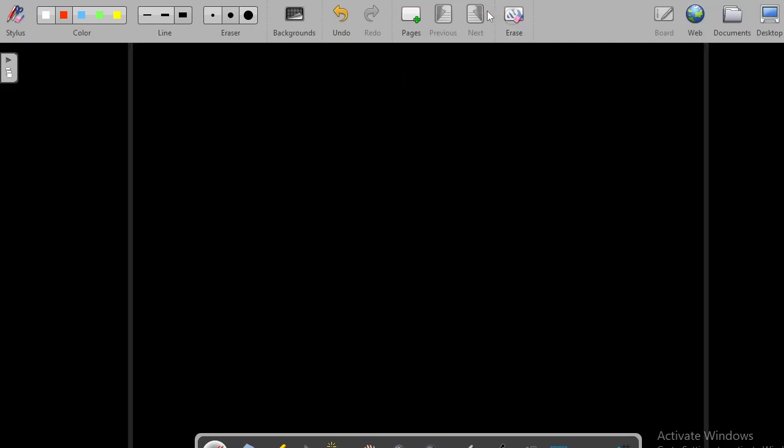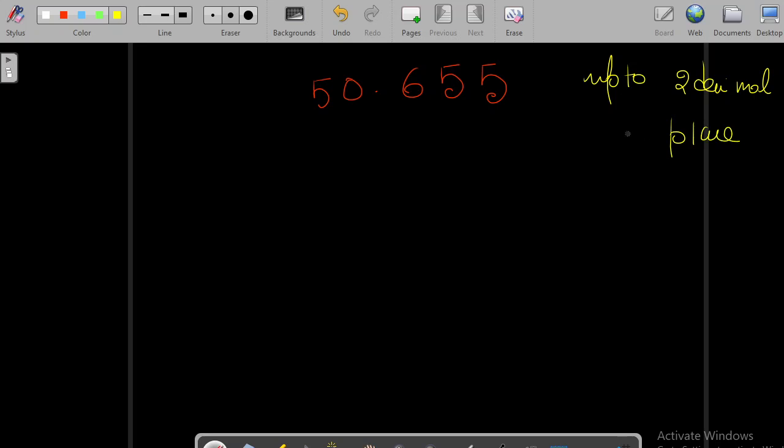Now we solve another example. Suppose the number is 50.655. Let us see what we will do in such a case. We are going to approximate it up to two decimal places. Now after two decimal places, let us draw a cutoff line.